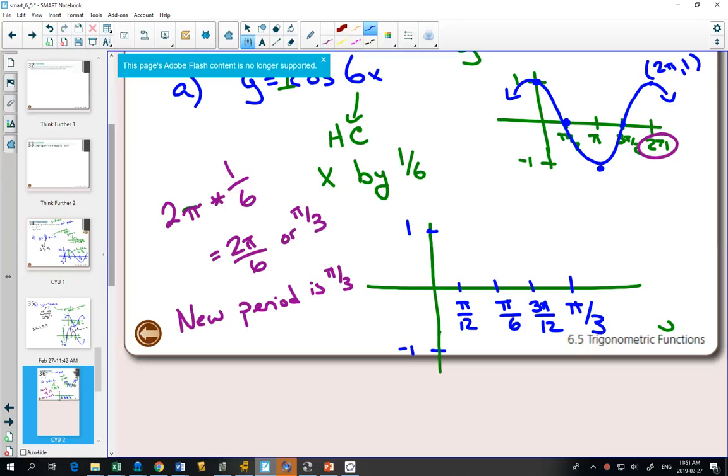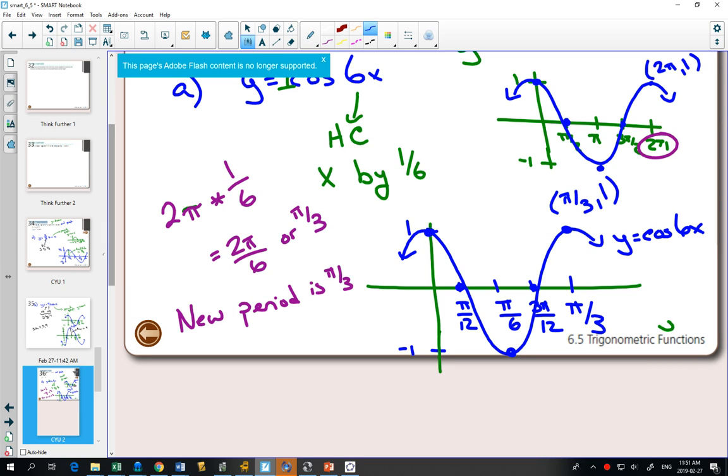It starts at a maximum. Then at the next section, and we've divided our period into 4 sections for this reason, we go maximum, center line, minimum, center line. And this point that we labeled before, remember we labeled this to start off with, comes up naturally that way. Join your graphs with a nice smooth curve. And we just graphed y equals cos of 6x.